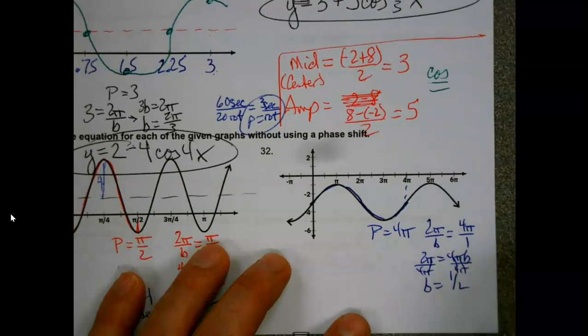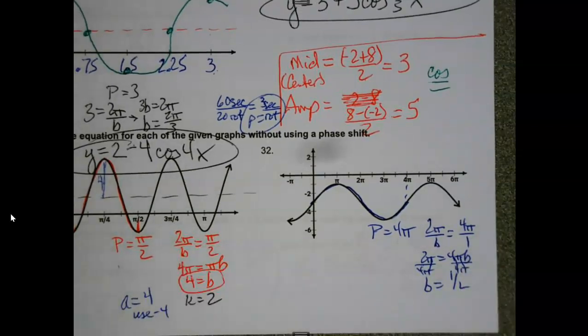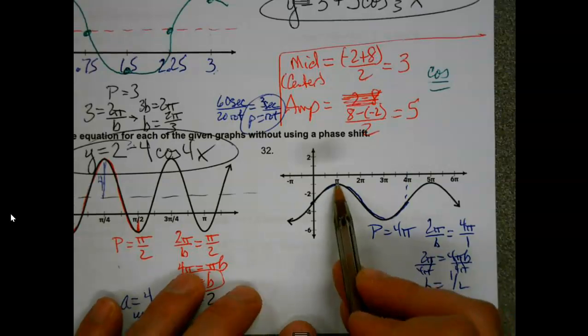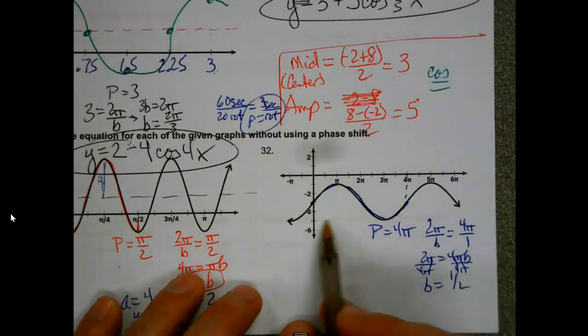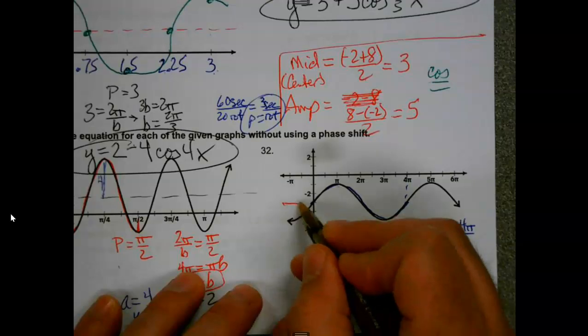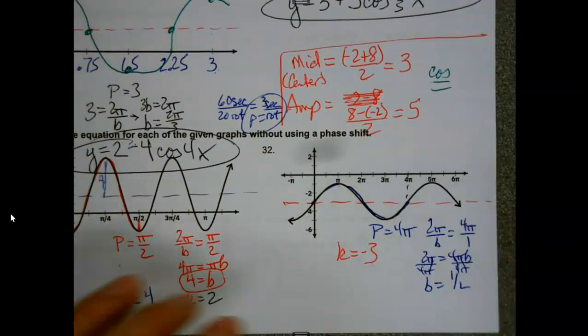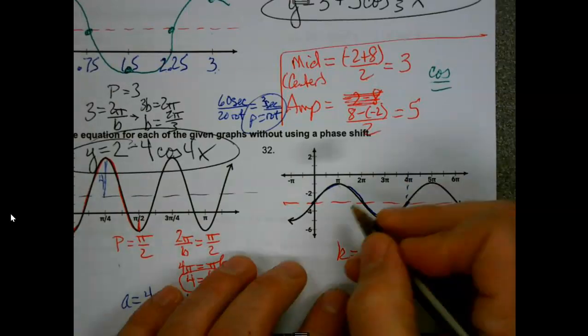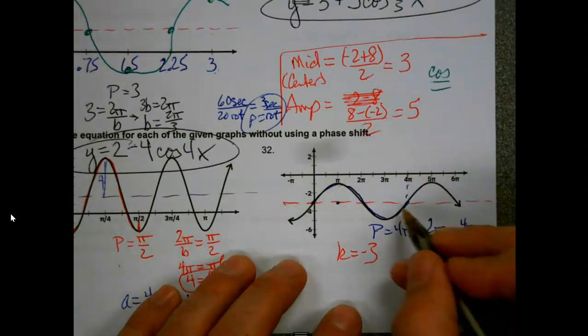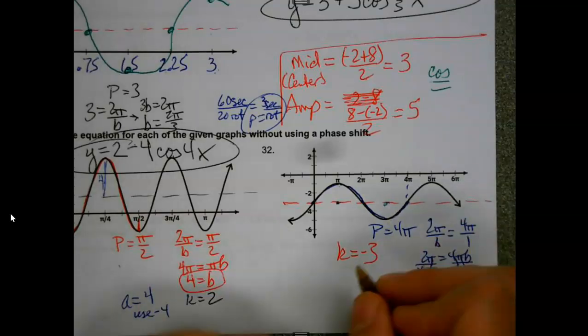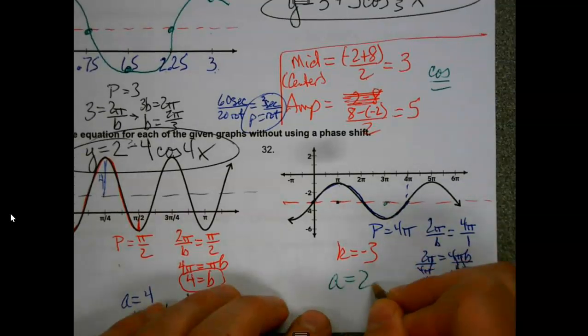B is a half. Looks like we go up as high as negative 1 down to negative 5. In the middle of that would be negative 3. And from negative 3 to negative 1, or from negative 3 to negative 5, my A is 2.